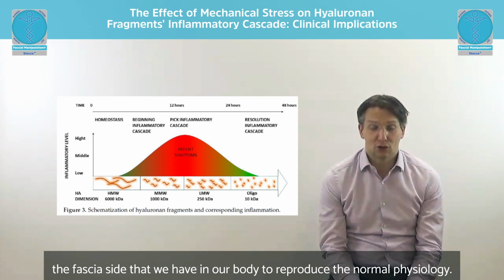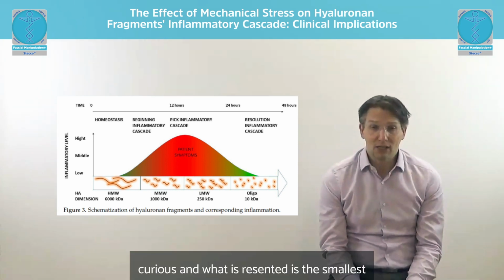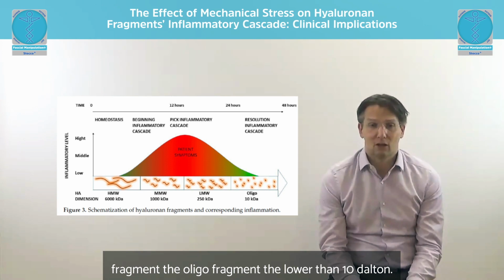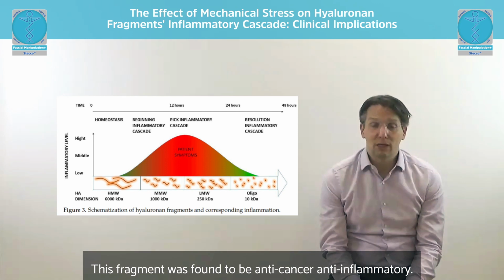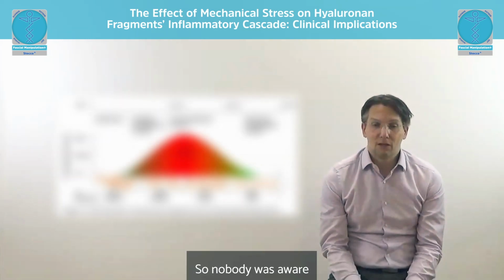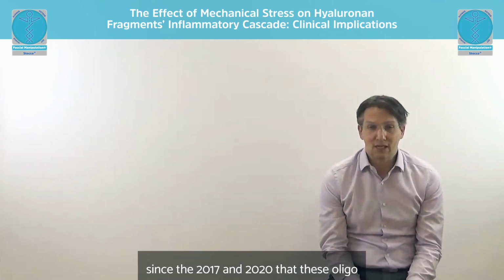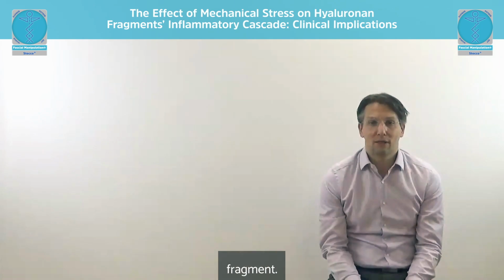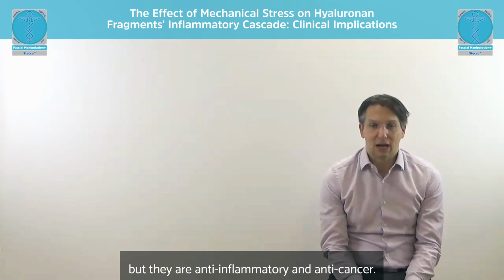Now what is curious and what is recent is the smallest fragment, the oligofragment, lower than 10 Dalton. This fragment was found to be anti-cancer and anti-inflammatory. Nobody was aware before 2017 to 2020 that these oligofragments, even if they are very small, are not pro-inflammatory, but anti-inflammatory and anti-cancer.